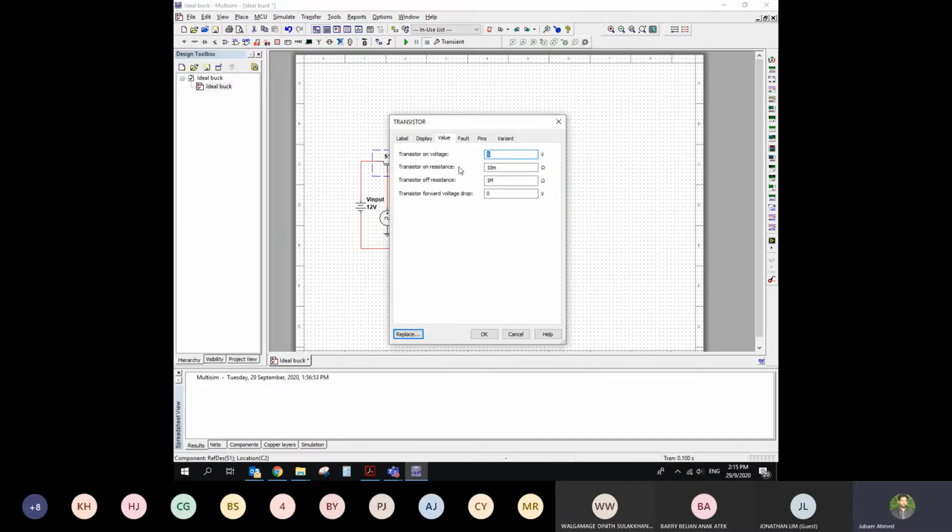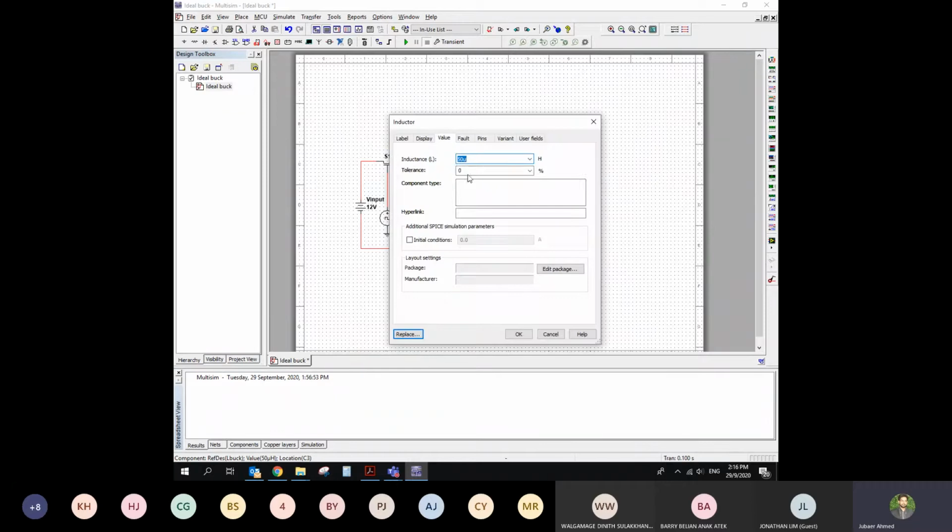So this is my switching device, which is a transistor. Transistor voltage up and down, cutoff voltage is set as 5, resistance 10 ohm, and transistor off resistance is 1 mega.